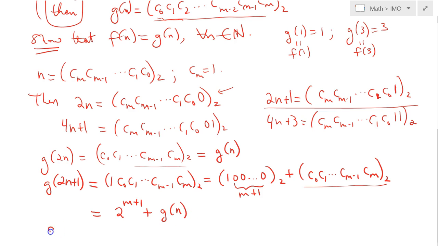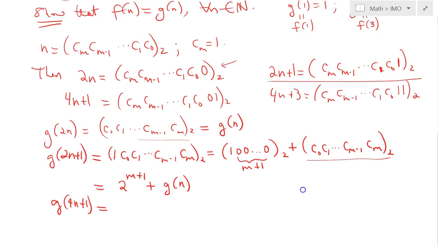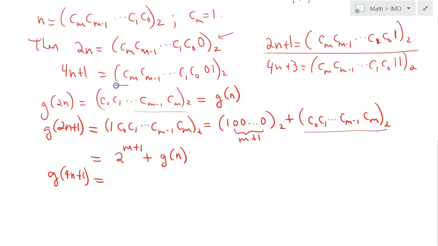Now we continue in the following manner. 4n plus 1 is equal to this expression here. When you reverse the order, we will have a 1 followed by a 0, and then C_0, C_1, all the way to C_{m-1}, C_m in binary.